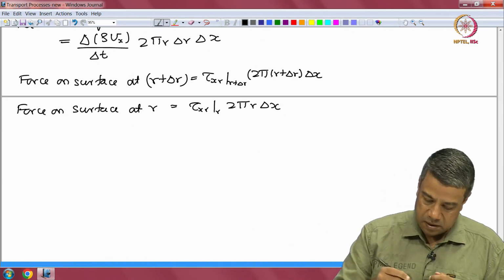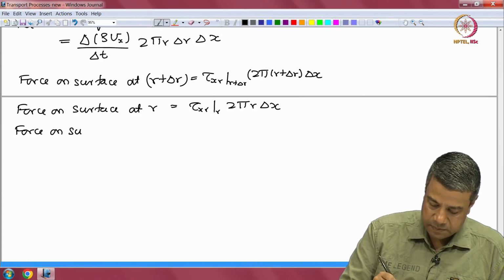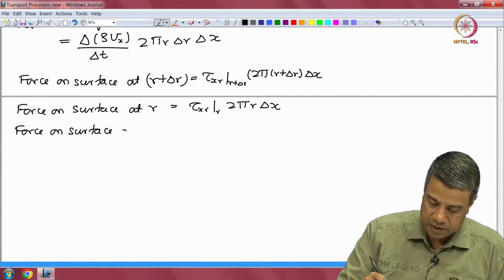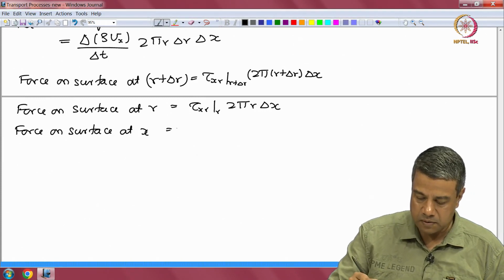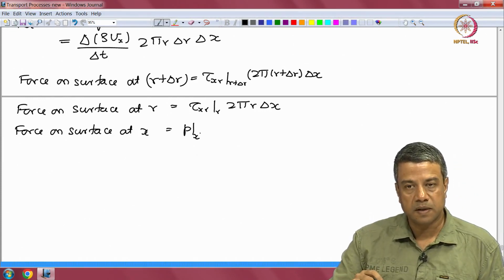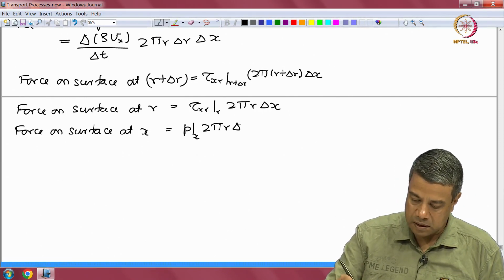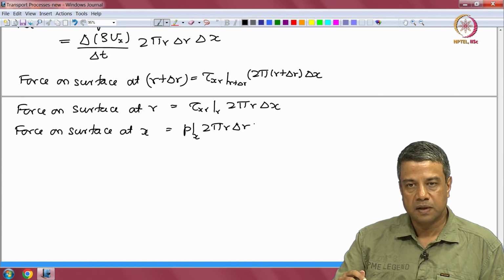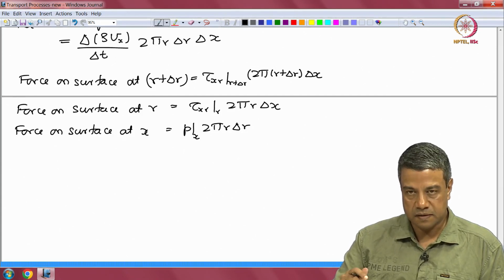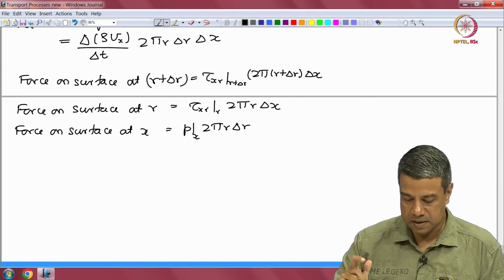Therefore, the force on the surface at x is equal to plus the pressure at x times 2 pi r delta r, which was the surface area of that surface, the disk between r and r plus delta r.